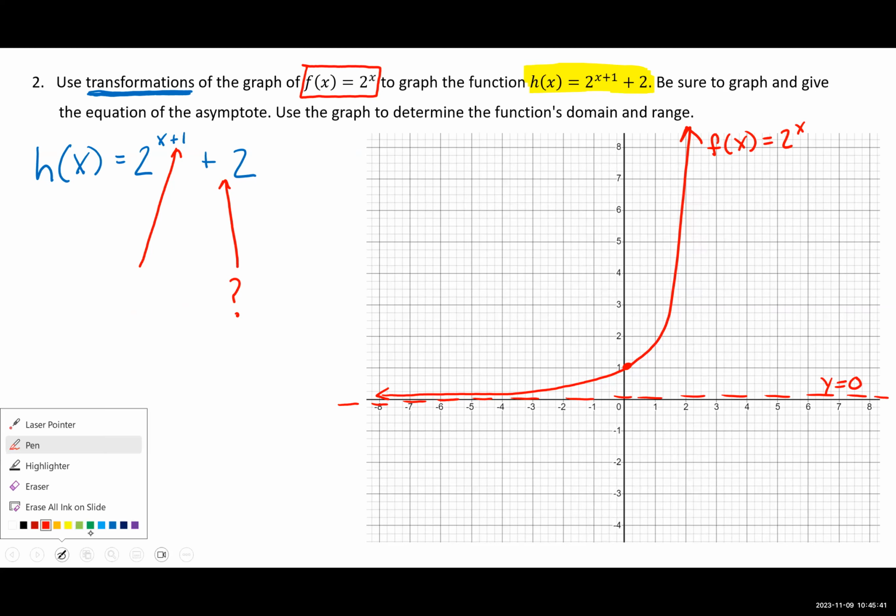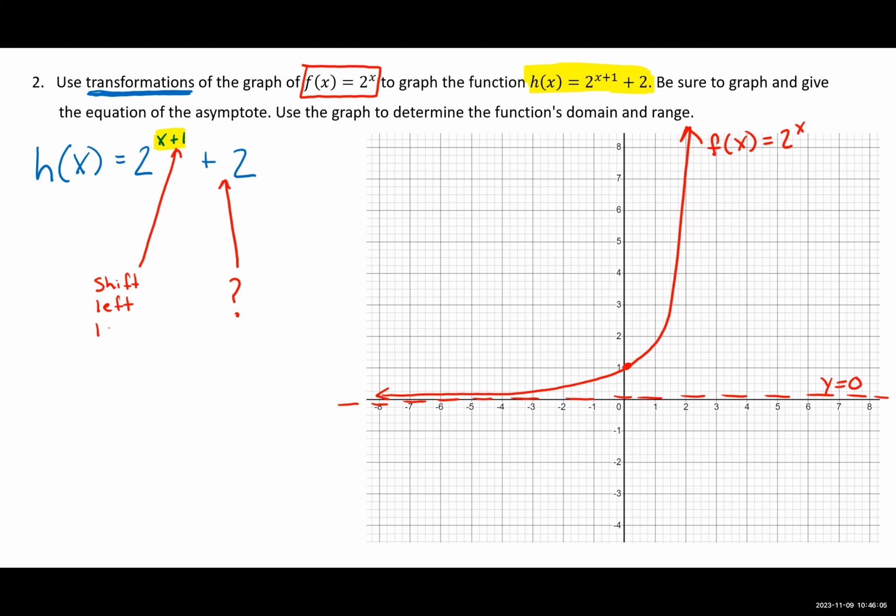When we have addition or subtraction inside the function, in the exponential part of the function, 2 to the power of, that's going to shift to the left 1 unit. That's going to take everything on this red graph and move it left by 1.